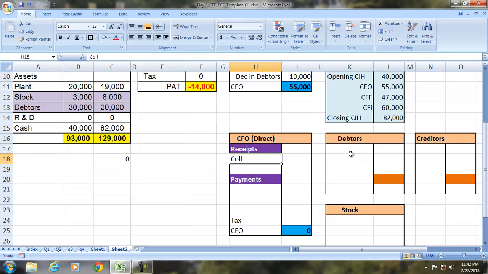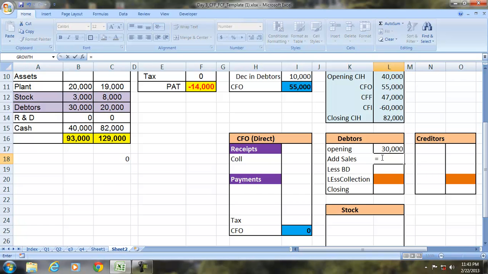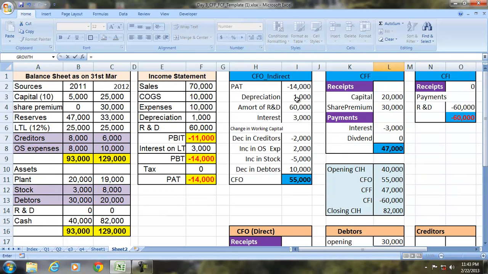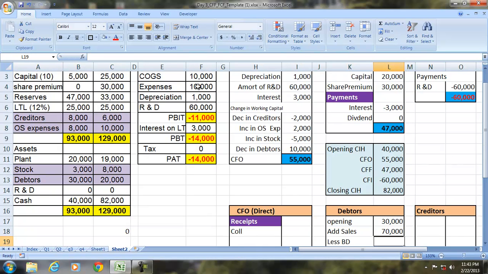So in order to find collection, we need to understand the debtors. So the opening debtors 30,000, add sales, less bad debt, less collection will give us the closing debtor. So we assume that entire sales is on credit.